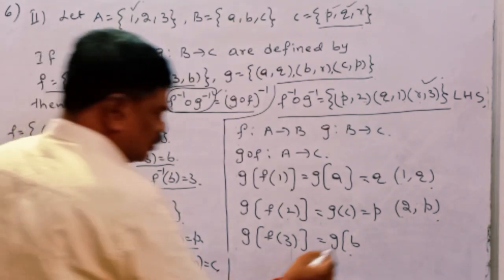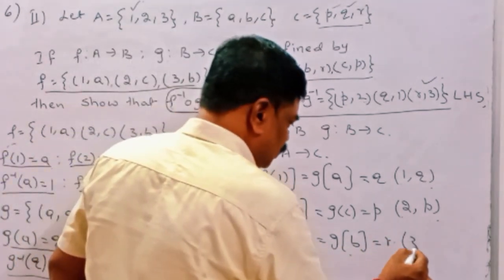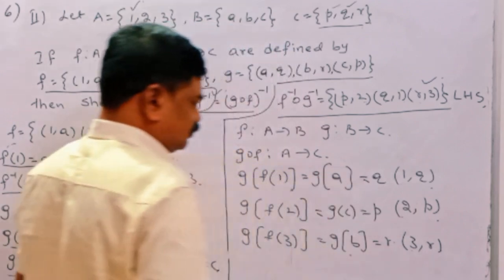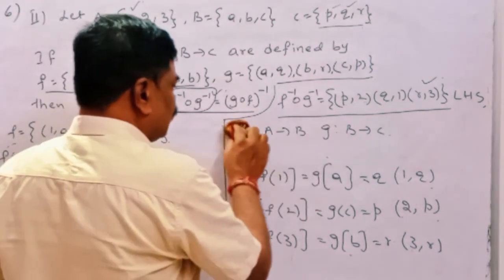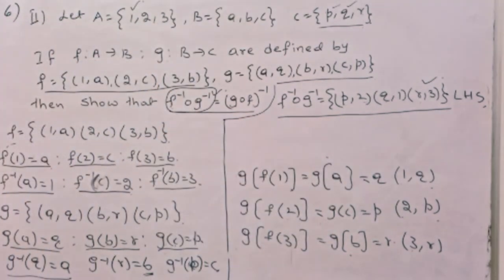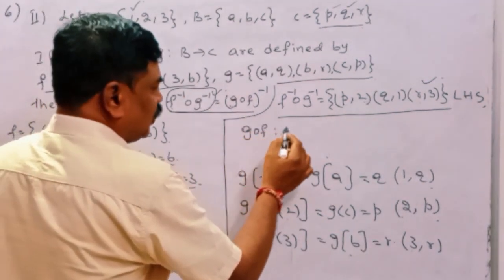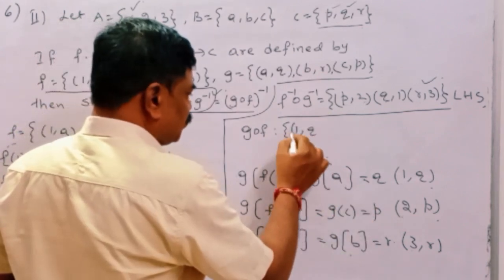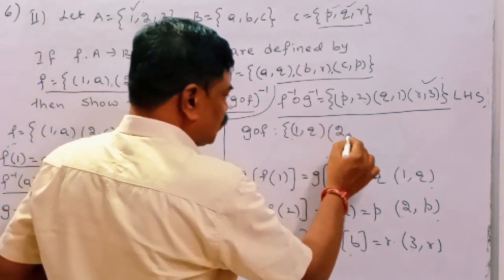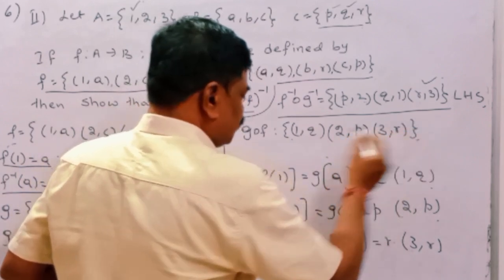G of B is equal to R. Then the ordered pair is 3 comma R. Then the G circle F ordered pairs are the set of 1 comma Q, 2 comma P and 3 comma R.